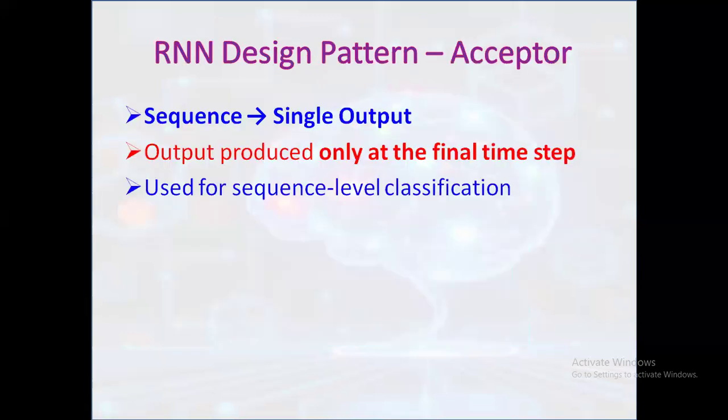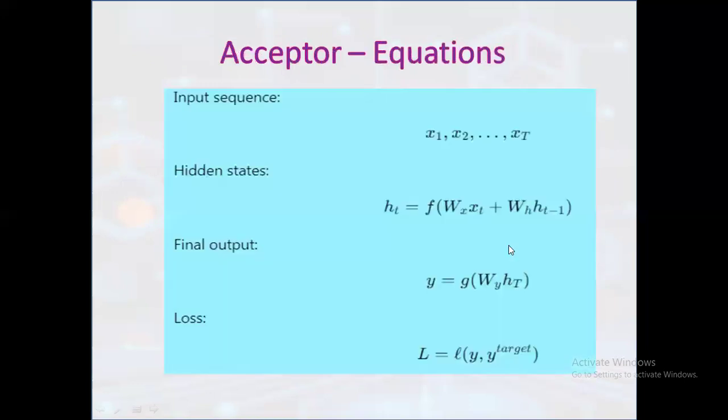Next, RNN design patterns using the acceptor. In this case, we take one entire sequence. We are going to extract only a single output, and the output is produced only at the final time step, and it is used for sequence level classification.